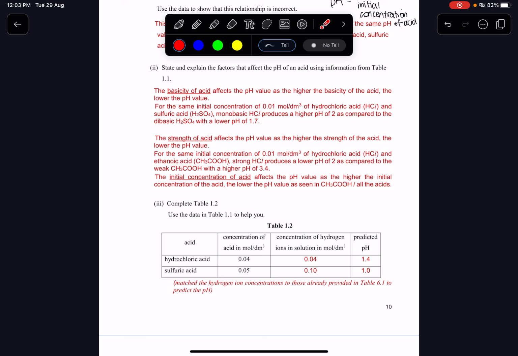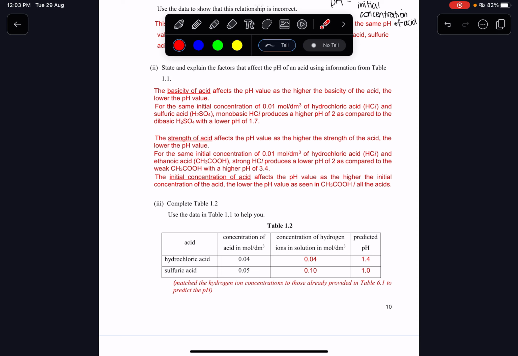In this case we use 0.01 mol per dm³ hydrochloric acid and ethanoic acid. You are comparing weak and strong monobasic acids. The strong HCl will produce a pH of 2 compared to weak ethanoic acid with a pH of 3.4. So those are the three factors.